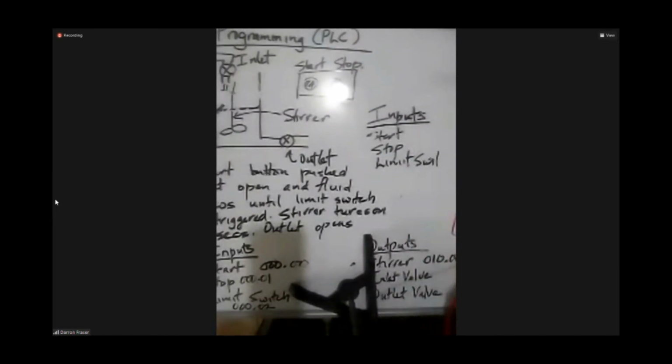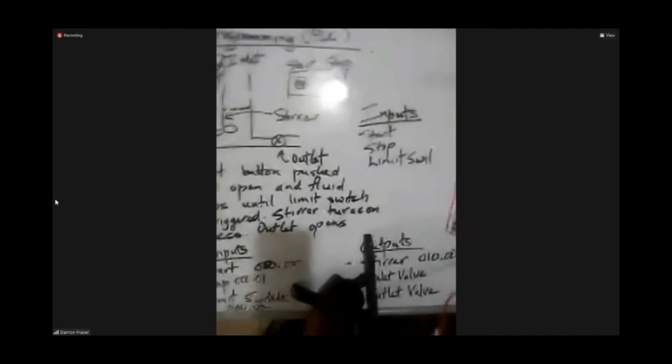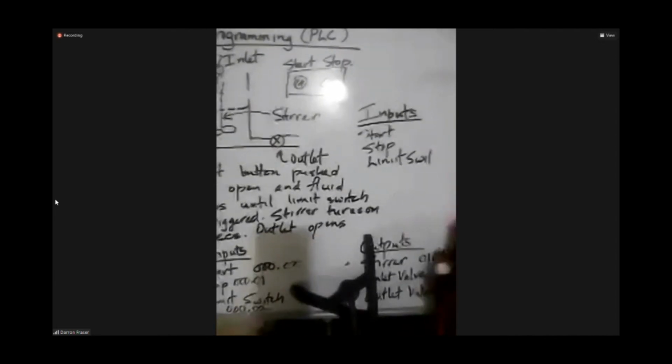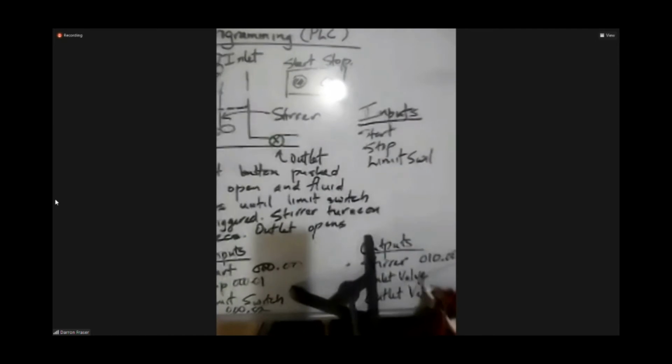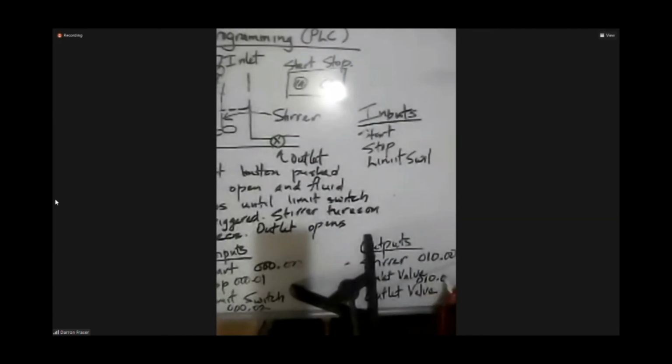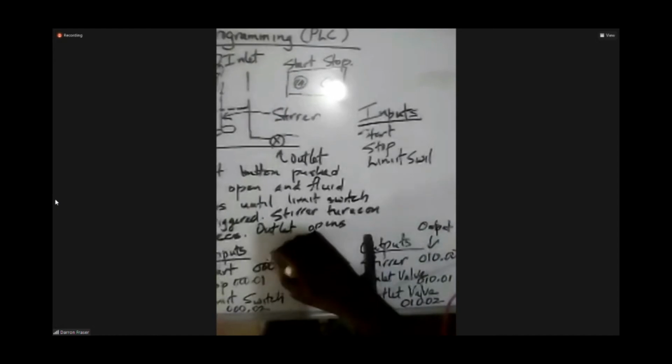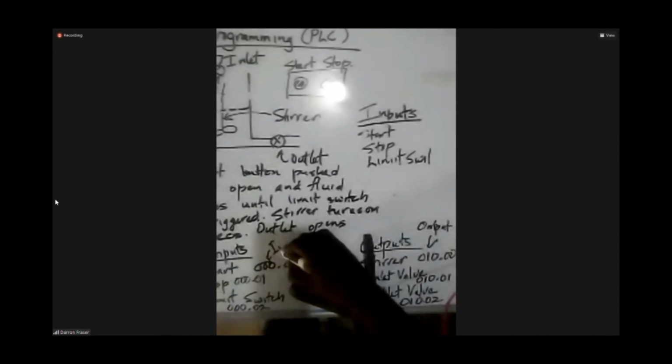This is arbitrary. We can connect the stirrer to 0, 0. 0, 1 is the inlet valve, and 0, 2 is the outlet valve. So the first part, the 0, 1, 0, indicates that it is an output, and the 0, 0, 0 indicates that it is an input.